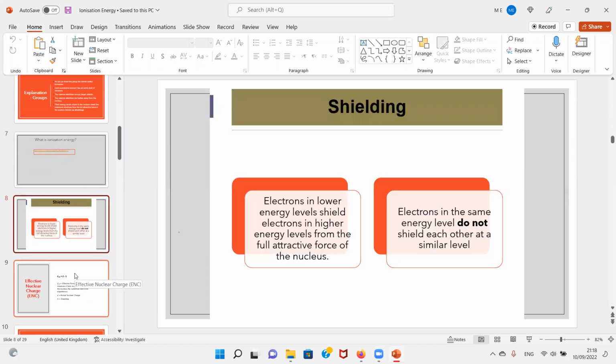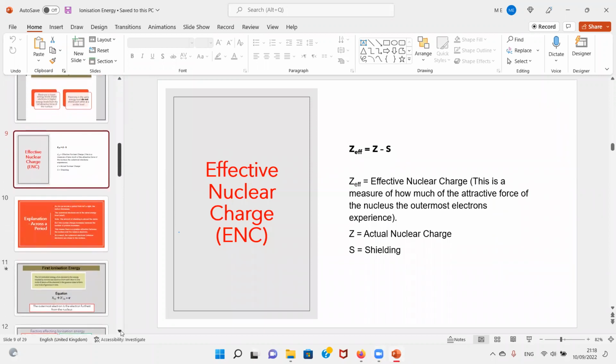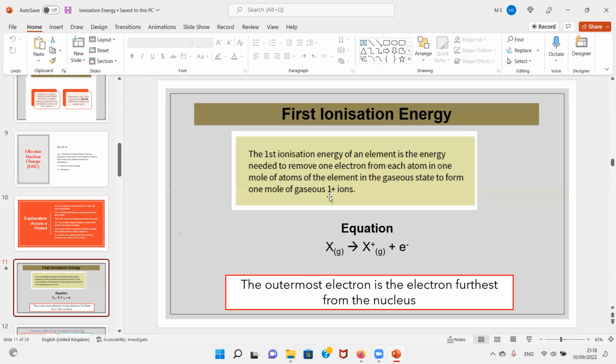The first ionization energy of an element is the energy needed to remove 1 mole of electrons, 1 electron from each atom in 1 mole of atoms of the element in the gaseous state, to form 1 mole of gaseous ions.